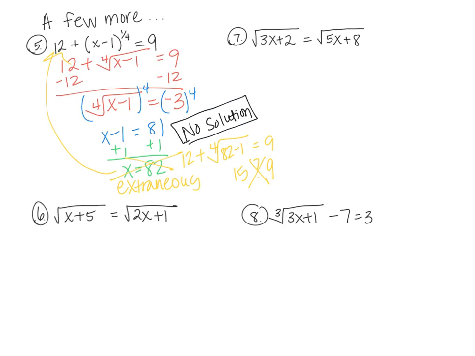Now, you're going to kind of get mad at me here for a second because I really didn't have to do all that work. If we remember, and it's been a while, so you might not, but if we remember, any even exponent, okay, which means I had an even radical.